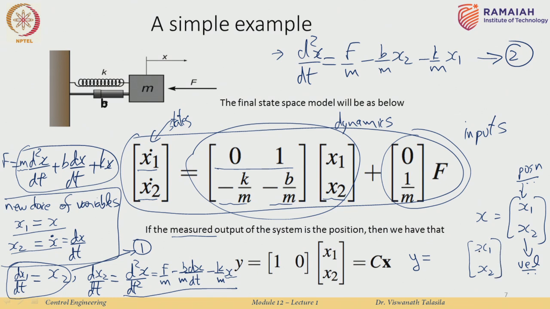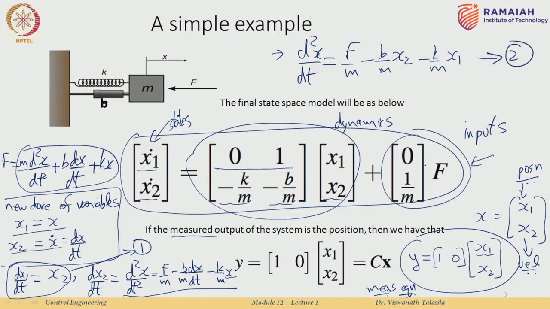Assume I can measure only the position. So I write this in the form of this. This is my measurement equation, and this is my actual state space matrix as well as the inputs.